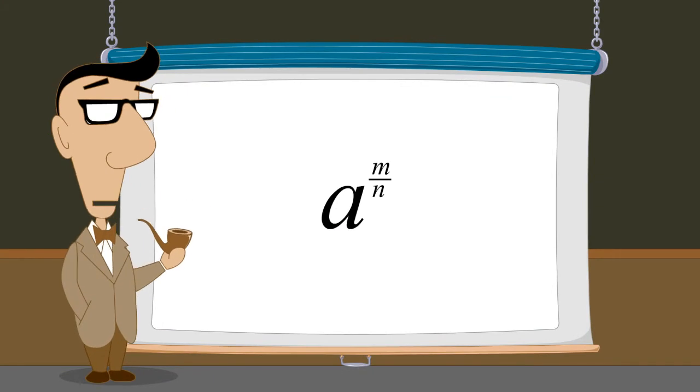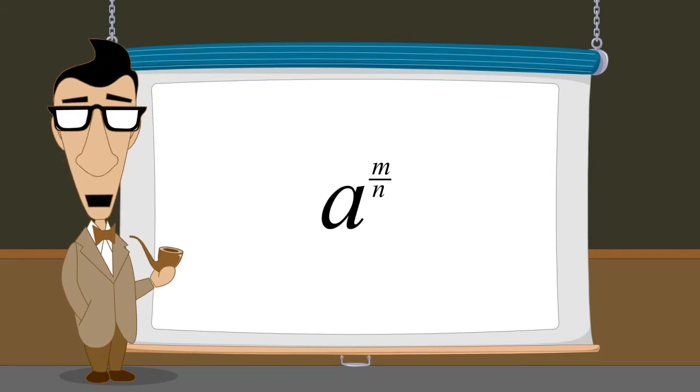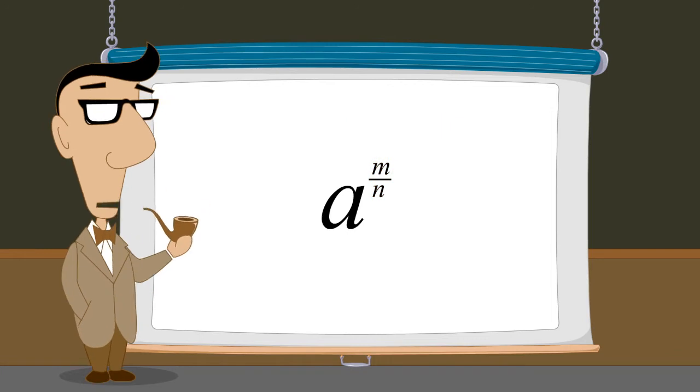In the beginning of the lecture, we said that an exponent can be any rational number, and in general, we can write this as the integers m divided by n. But what would a negative rational exponent mean?